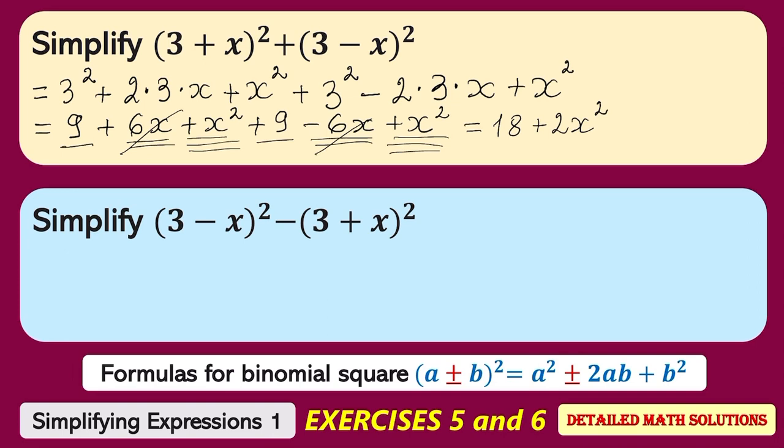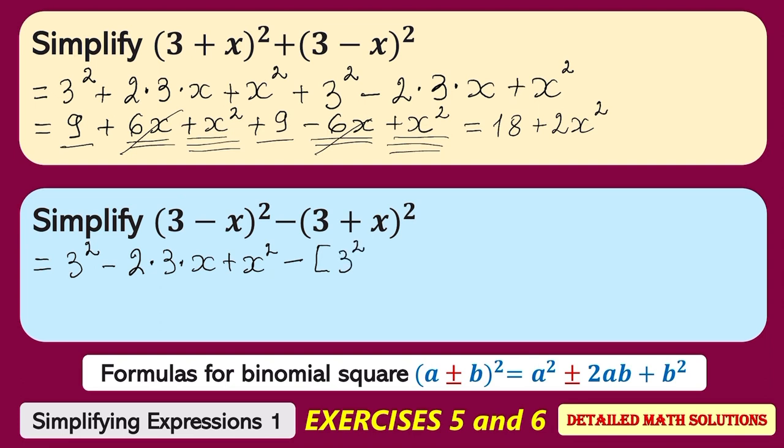For the next expression, I simply need to continue using the same 3 steps to simplify it further. So this equals, when I apply the formula for binomial square, 3 squared minus 2 times 3 times x plus x squared minus, now I need to put a parenthesis because there is a negative sign in front of the parentheses, and then apply the formula.